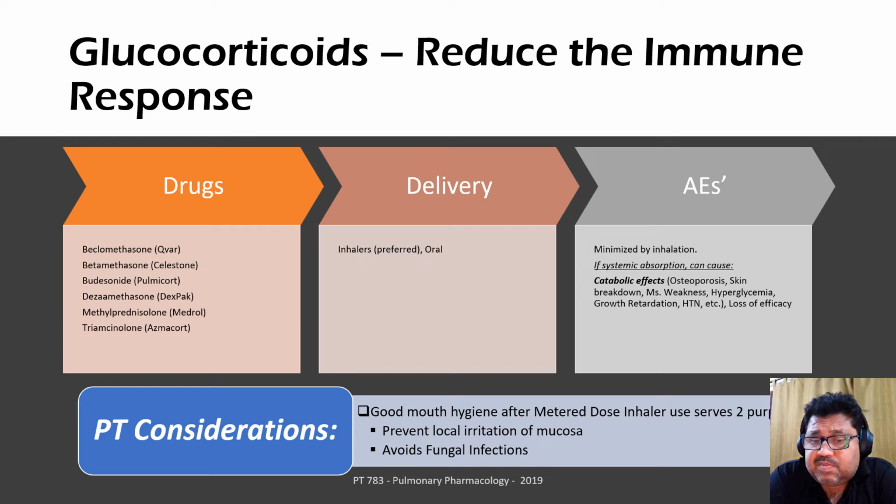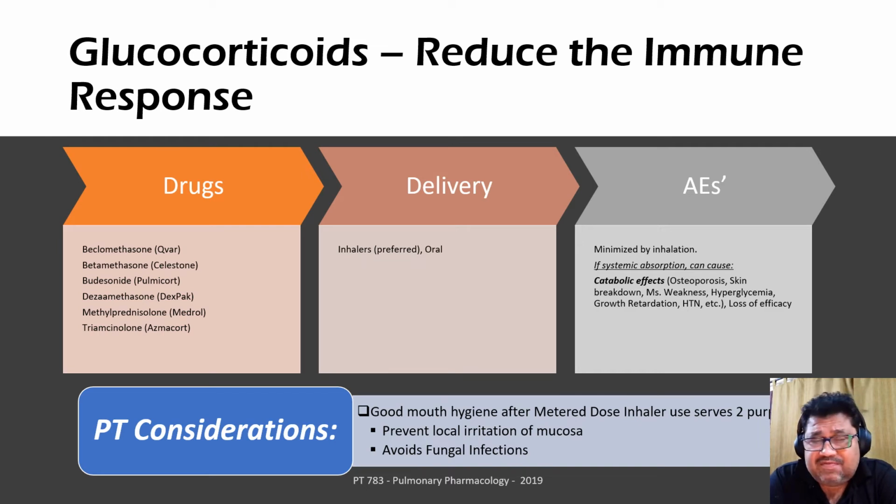It is important to understand that these drugs will not relieve bronchoconstriction but rather prevent the immune mechanisms that subserve the initiation of bronchoconstriction. The adverse effects of glucocorticoids are numerous.